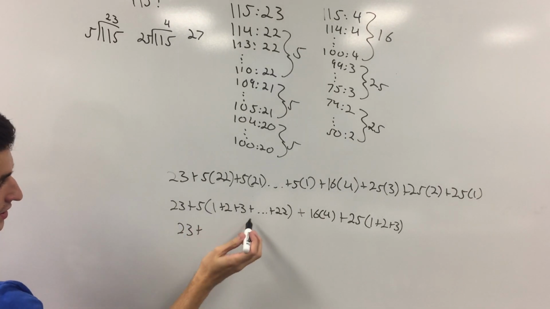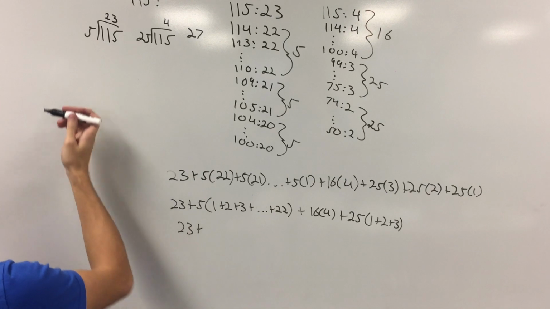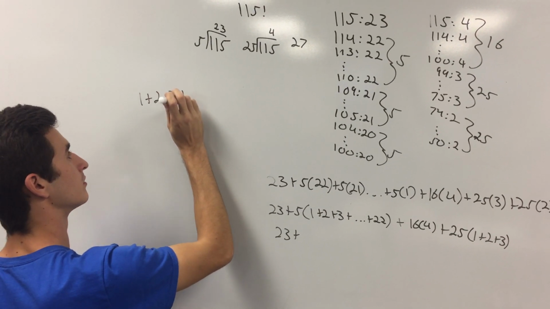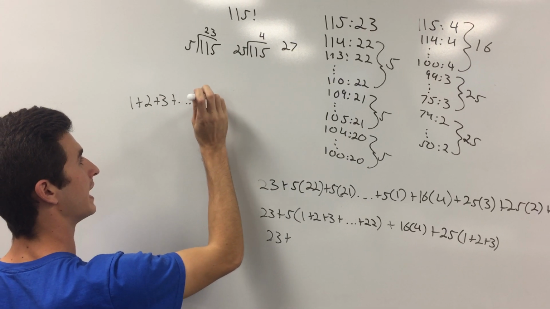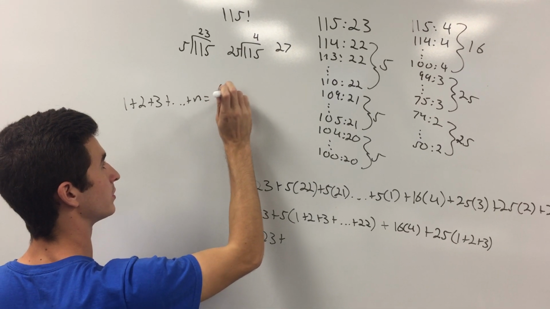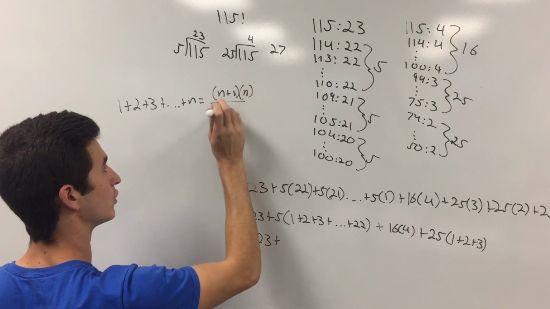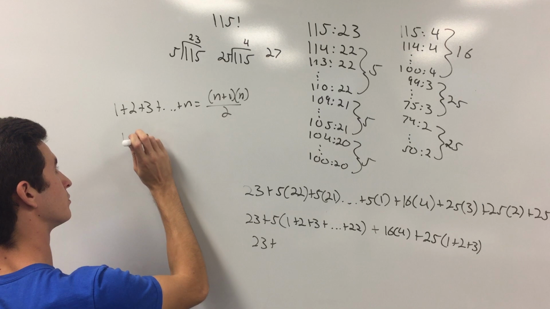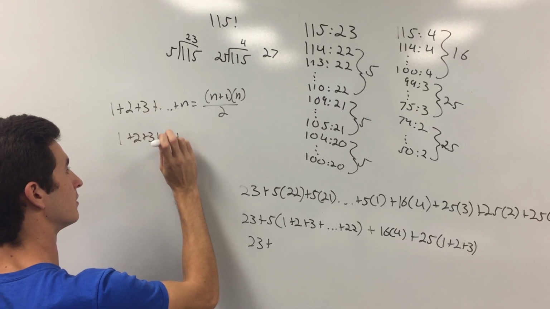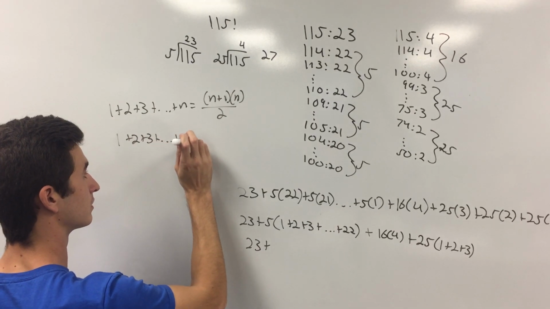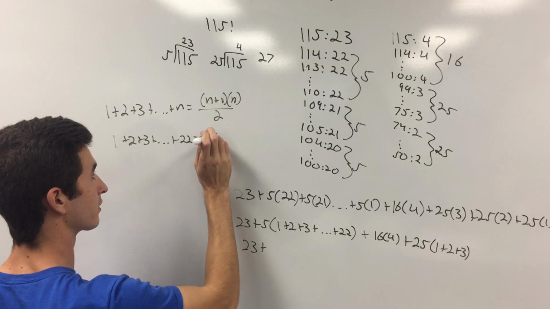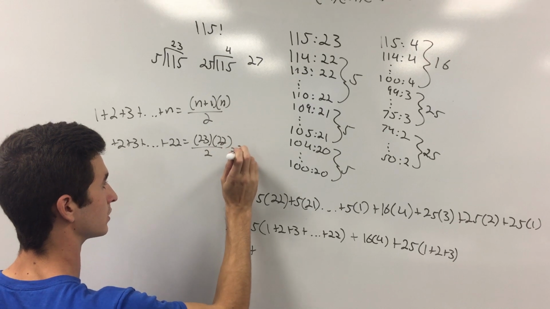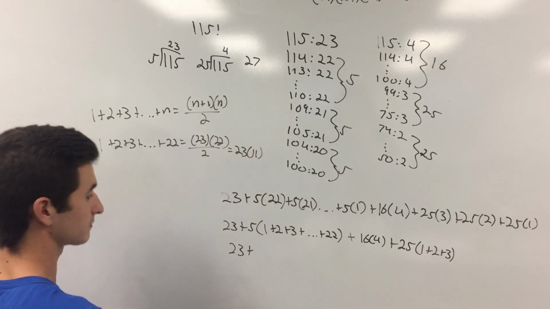to get 1 plus 2 plus 3 all the way up to 22, there's a formula that goes 1 plus 2 plus 3 plus up to n is going to be n plus 1 times n over 2. So 1 plus 2 plus 3 all the way up to 22 is going to be 23 times 22 over 2, or 23 times 11.